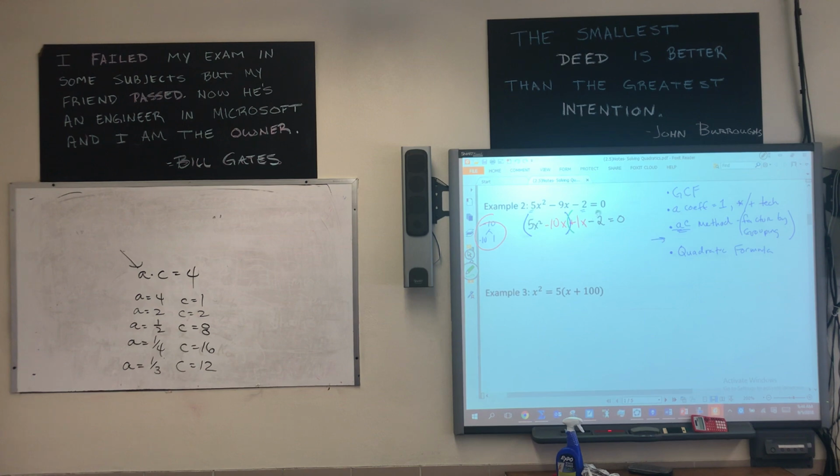But when you group the back 2, make sure you incorporate that plus sign or that minus sign with the first term in the second grouping. It just makes things a little bit easier. When it's a plus sign, it's not a big deal. When it's a minus sign, people get thrown off all the time with it. But if we group it that way, it makes the process a little bit easier.